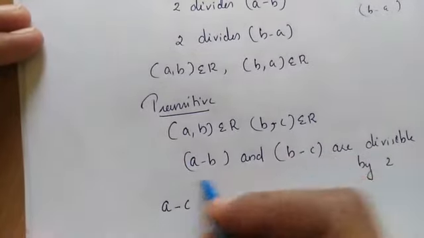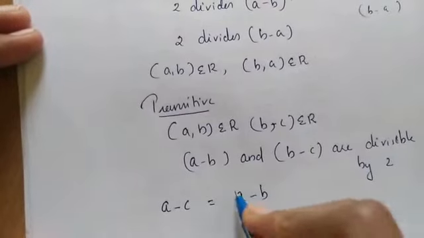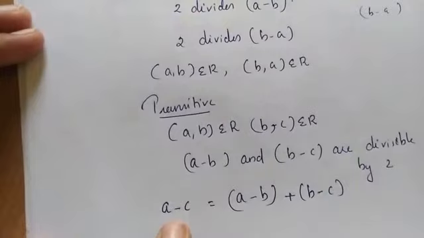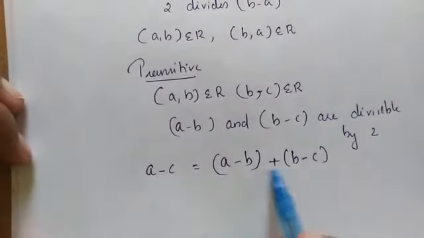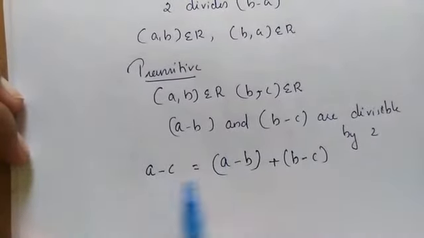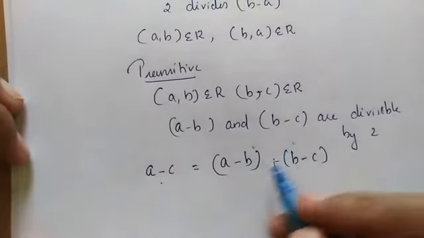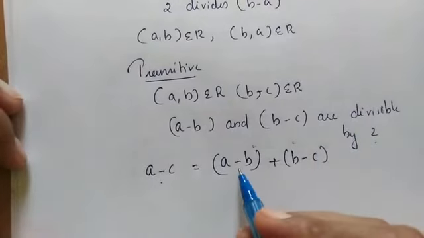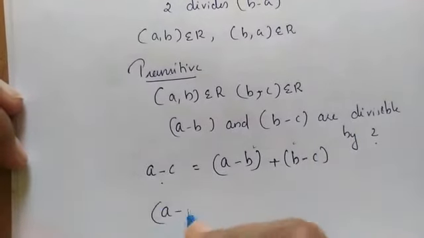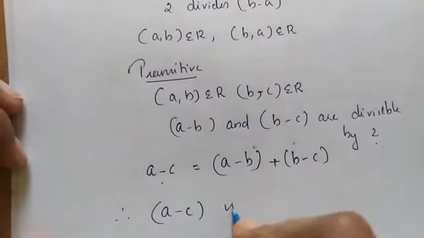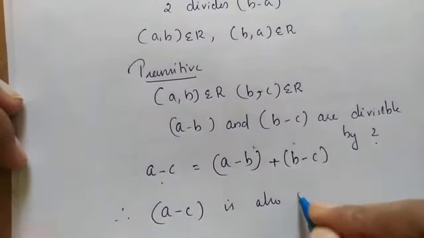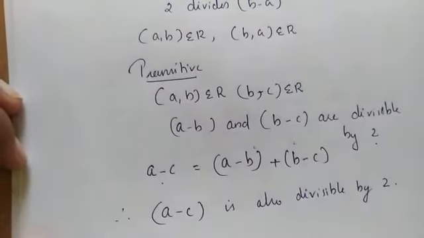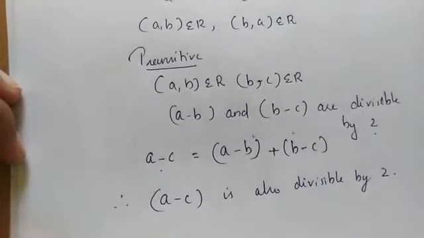We can rewrite a minus c in the form of a minus b plus b minus c, which results in a minus c. That means when we add these two values, we get a minus c. These two values are divisible by 2, as we stated in the previous statement. Therefore a minus c is also divisible by 2.